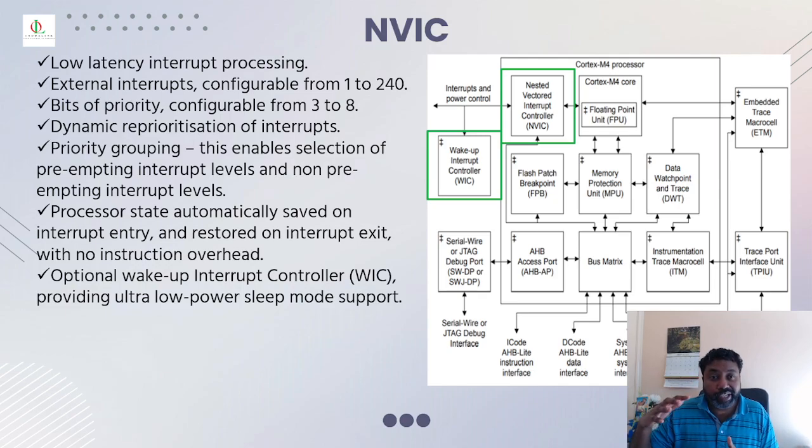It has dynamic reprioritization of interrupts and priority grouping, so it can form its own groups. And the processor state is automatically saved if an interrupt occurs and if it wants to exit and re-enter, so that state is saved. And as I said earlier, if your processor goes to sleep, through this interface you can alert the processor to get back to its functional mode.